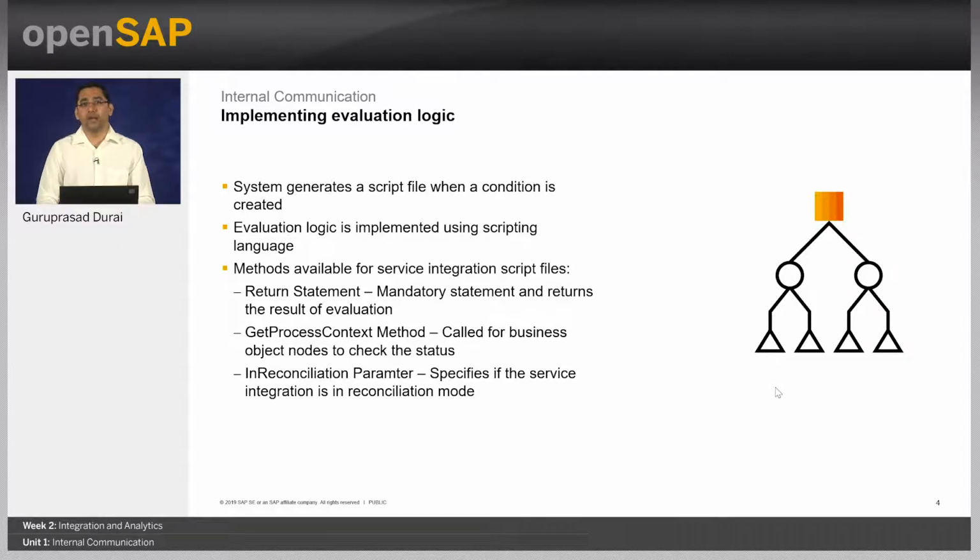This statement is mandatory for each condition and it returns the result of the evaluation, which will be Boolean, and values will be true or false. Get process context method. This is called for business object nodes to check the status. In reconciliation parameter specifies if the service integration is in reconciliation mode.